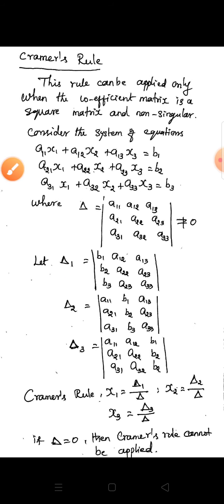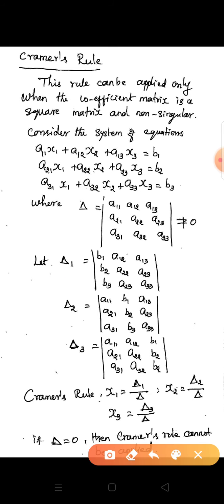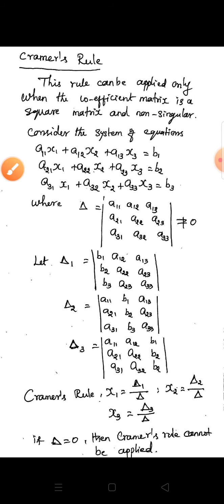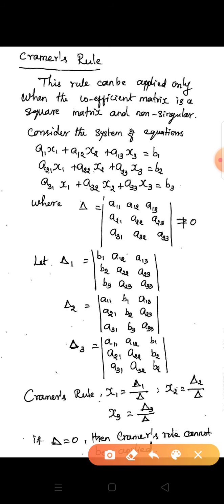So listen, I already told you the coefficient matrix is a square matrix and non-singular. Why is the coefficient matrix non-singular? Here x1 is equal to delta 1 by delta, x2 is equal to delta 2 by delta, x3 is equal to delta 3 by delta. All the denominators are delta.